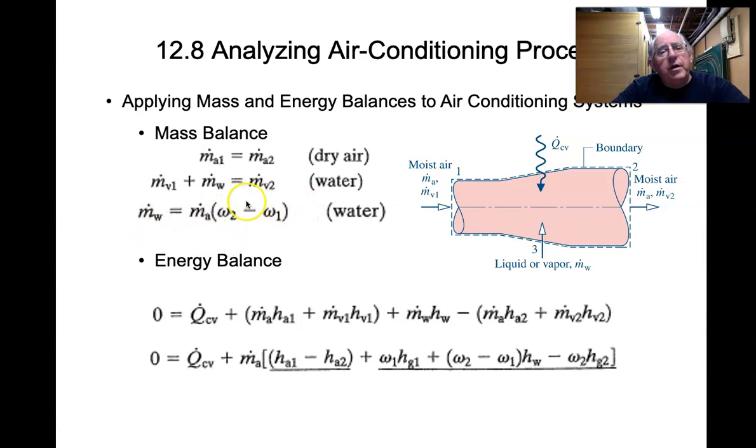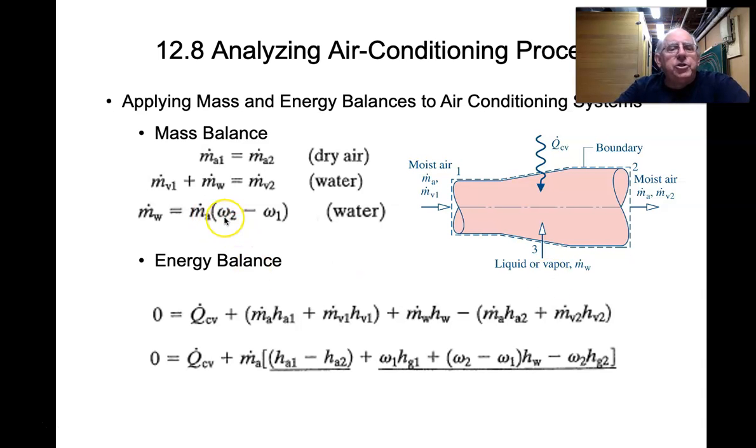So this is a very important equation that shows that if we raise the humidity ratio from omega 1 to omega 2, then that's due to the fact that we're either adding or subtracting water to the control volume.